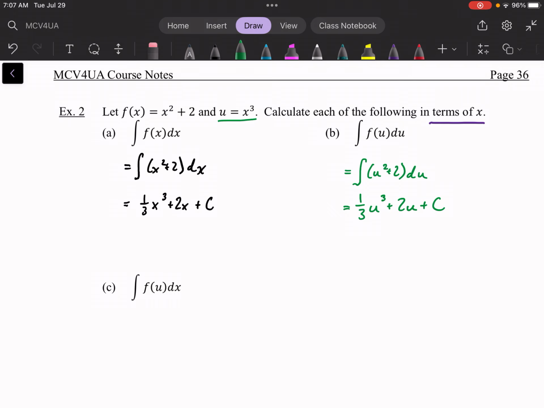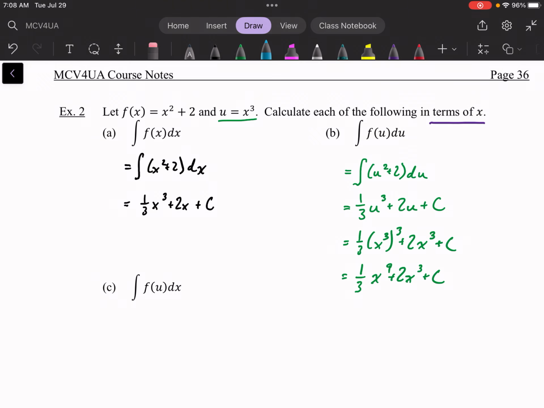And here we notice that u is equal to x cubed. So what I'm going to do is replace x cubed for every time I say a u. And now I'm simplifying. So here you can see that these two answers for part A and part B are completely different. Related, similar, but not the same.